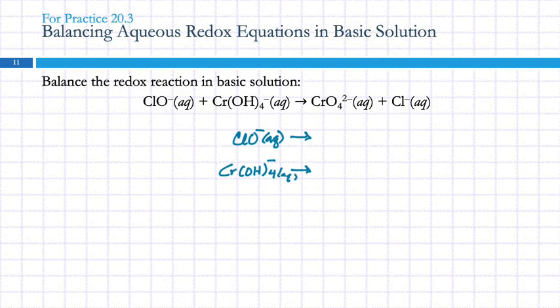I just find it straightforward to put the first one in the first and the second one in the second. And so this one with chlorine is going to go to the other one that has chlorine. And this one that has the chromium is going to go to that one.